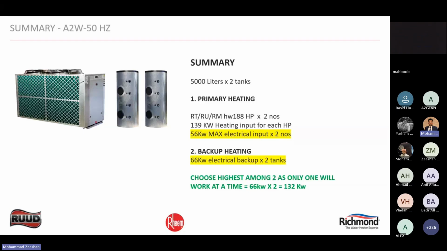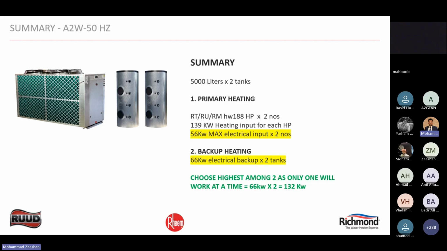We always select the one which is consuming the highest energy. So in our case, it is the electric backup, because only one of the modes of heating will operate at a time. When the heat pump is not operating, electric backup will work. When the electric backup is not working, the heat pump will work. So that's how this system is designed.